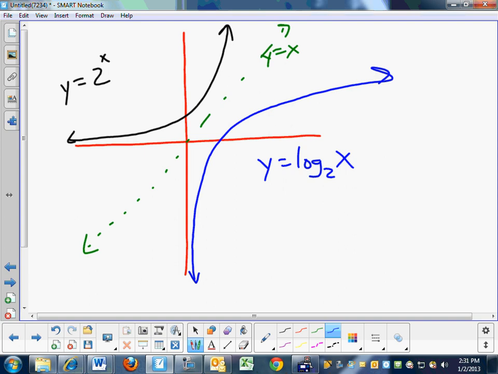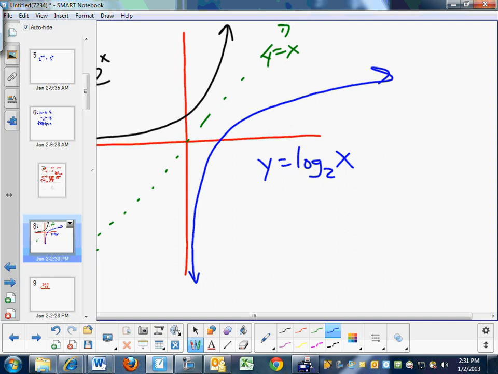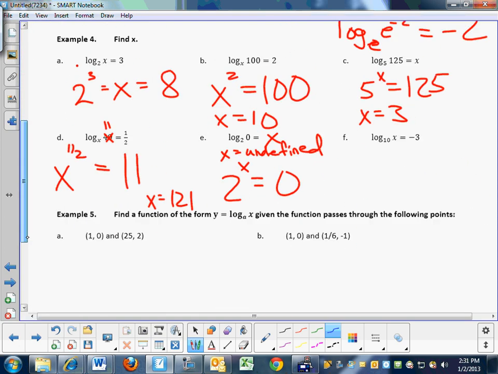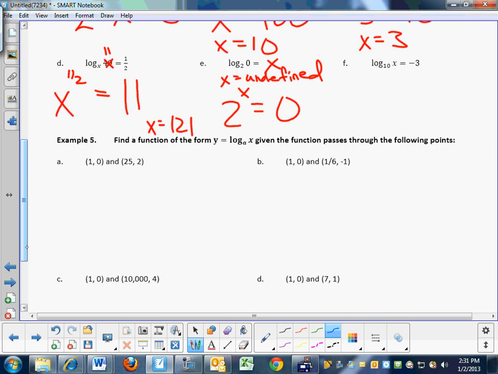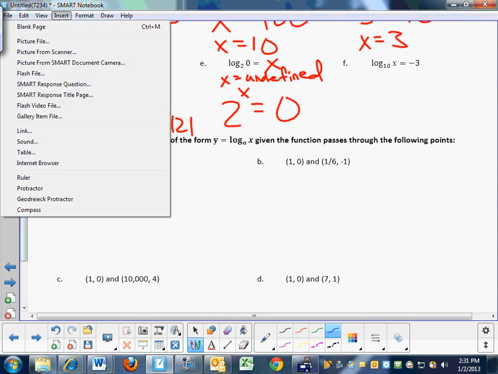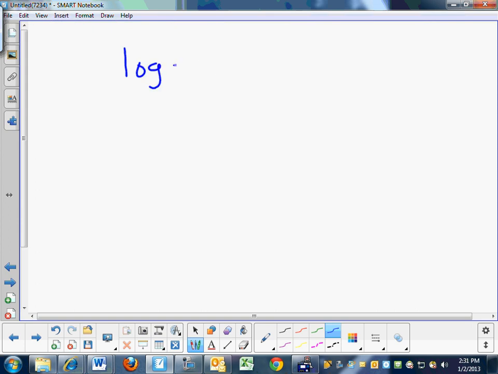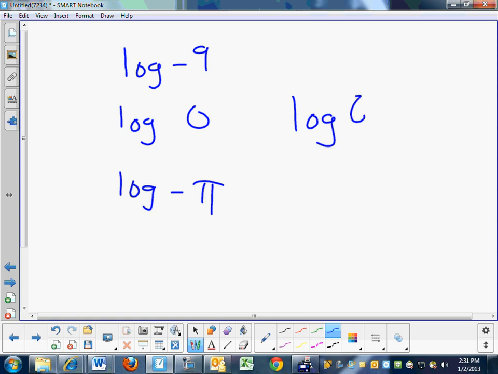And so if you end up with this situation where it says the log of 0, it's undefined. If you got the log of -9, or the log of 0, or the log of -pi, all of those are undefined. They're not in the domains. It would have to be, say, log of 6.4. That works out because it's positive.